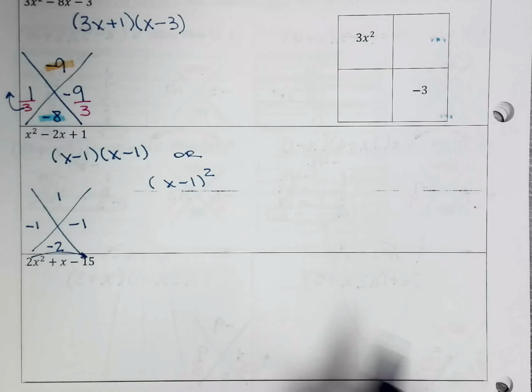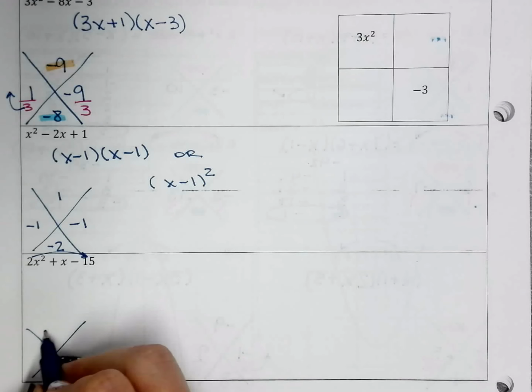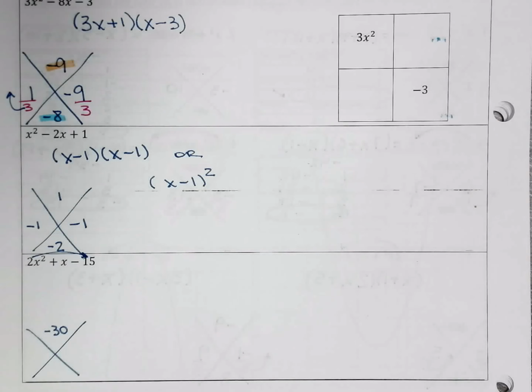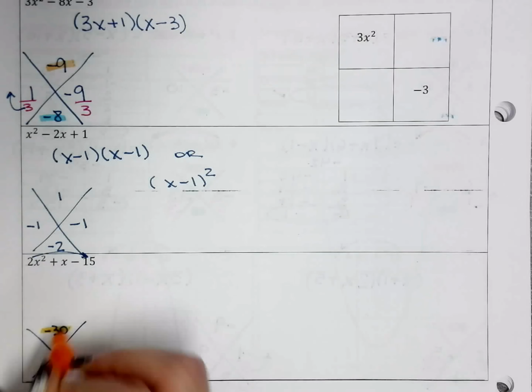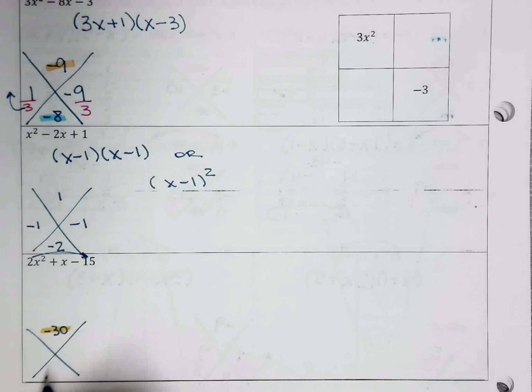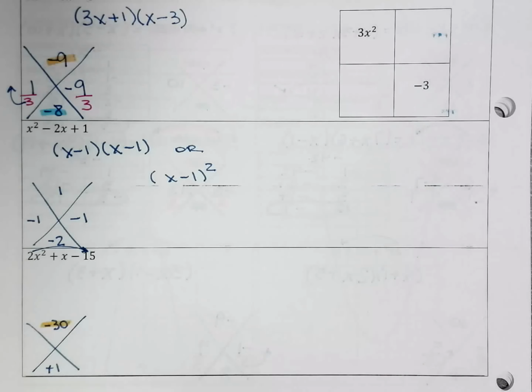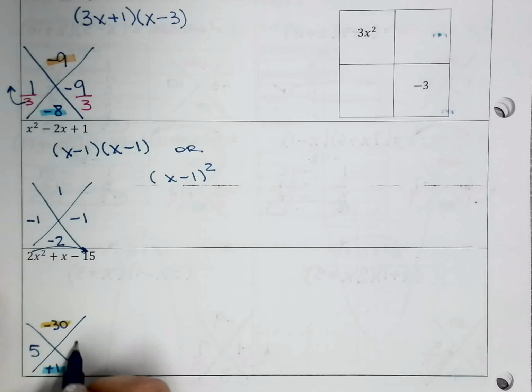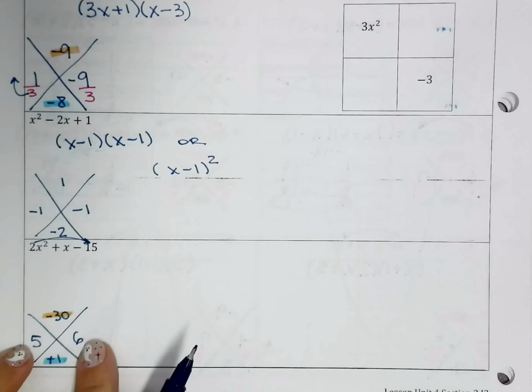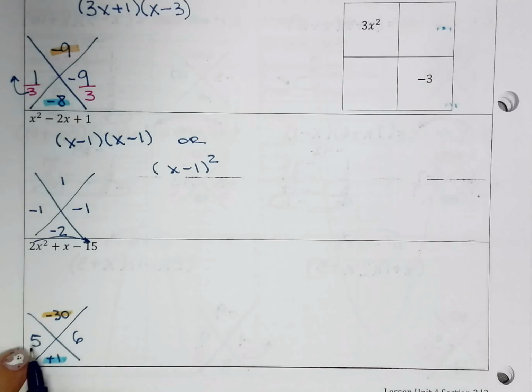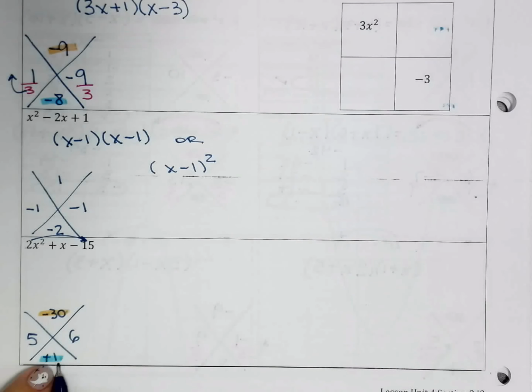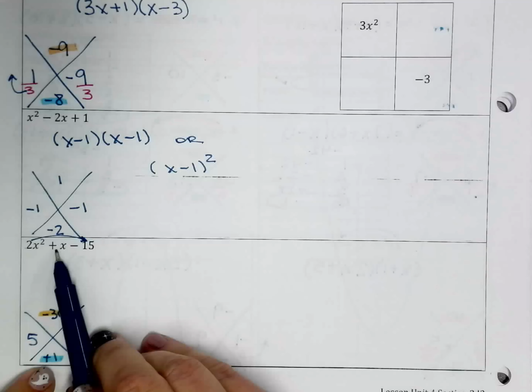Okay, one more on this page. Multiply right there. So I have negative 30. So I'm looking for two numbers that multiply to negative 30, same two numbers that add up to positive 1. 5 and 6. So one of them would have to be negative. So 5 minus 6 will give you negative 1. But I need the one that adds up to positive 1, not negative.